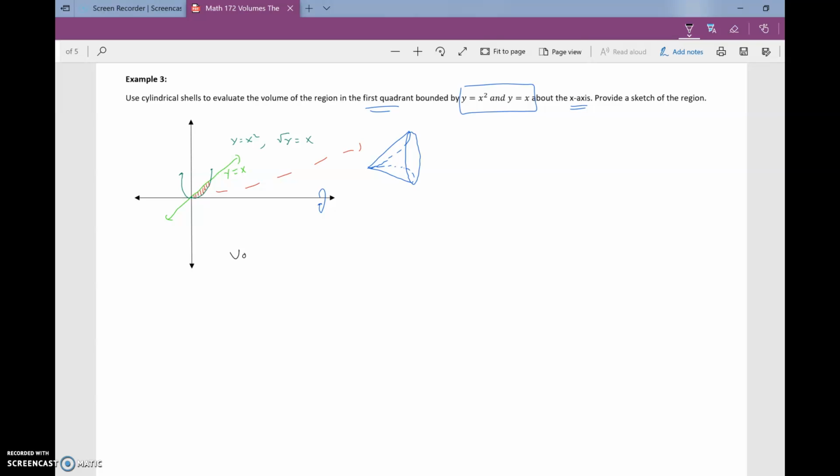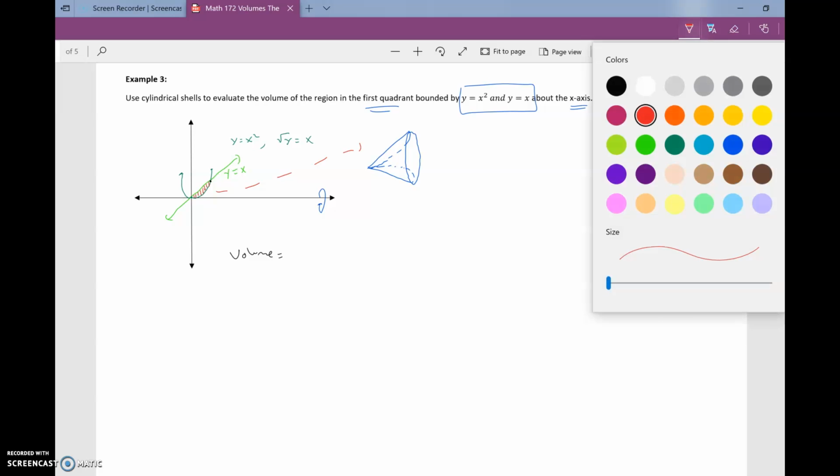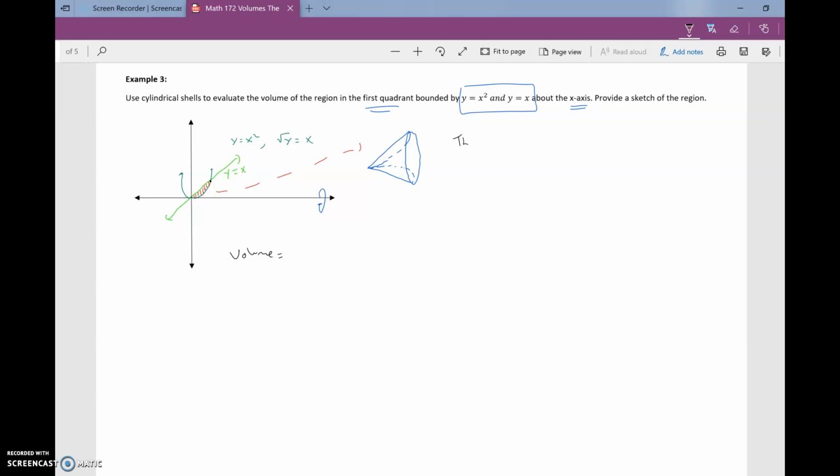So the volume is going to be integrated for this coordinate point. Well, if it was anything different, so the intersections, you're going to have y is equal to y, or x squared is equal to x, or x squared minus x is equal to 0.